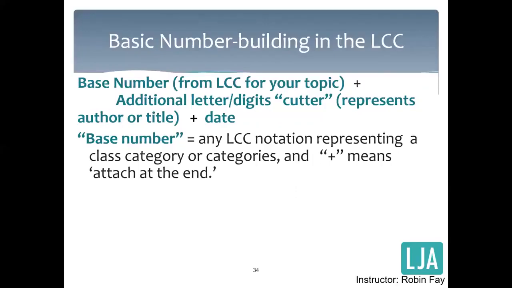We'll talk more about that in the upcoming weeks, and then the date. So the base number is any LCC notation representing the class, category, or categories, and the plus just means you're going to add those at the end. You start with your base number from LCC with any instructions to build that, then add the additional letters, digits, and cutter, and finally the date.